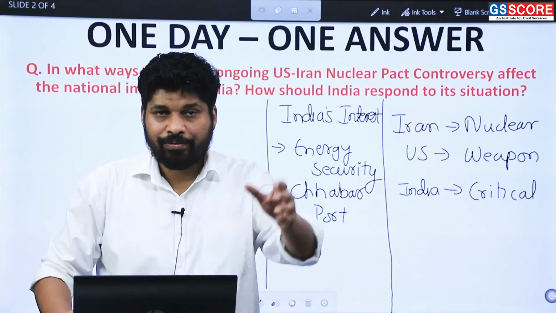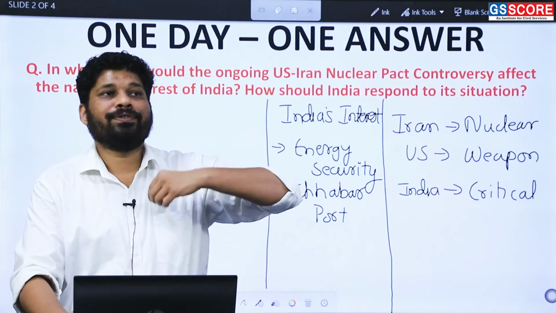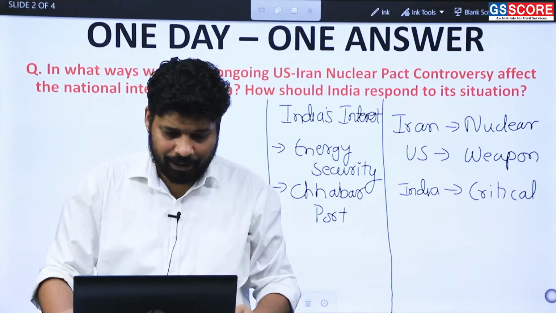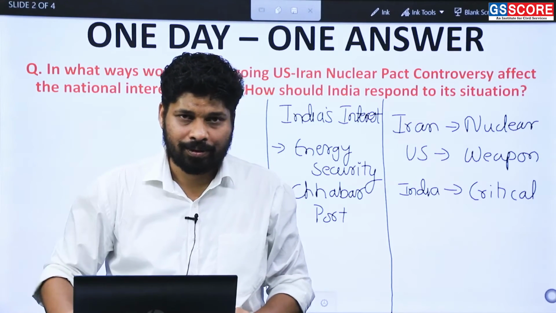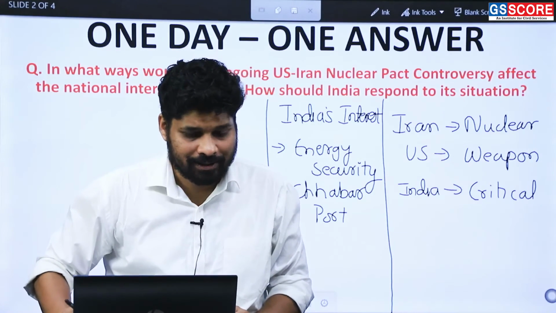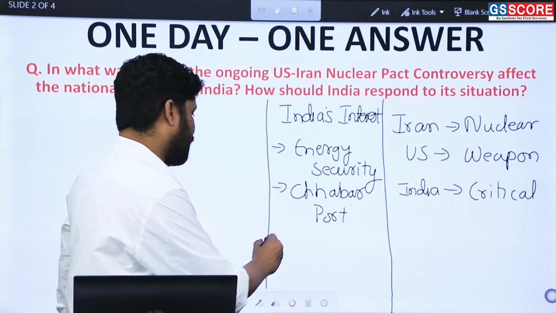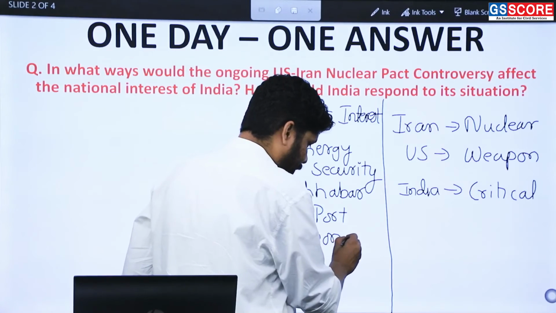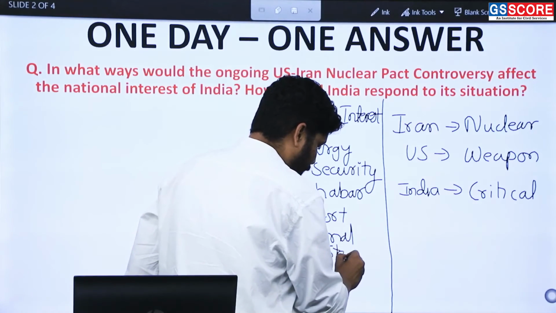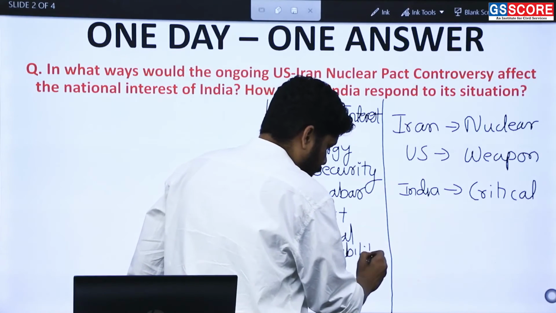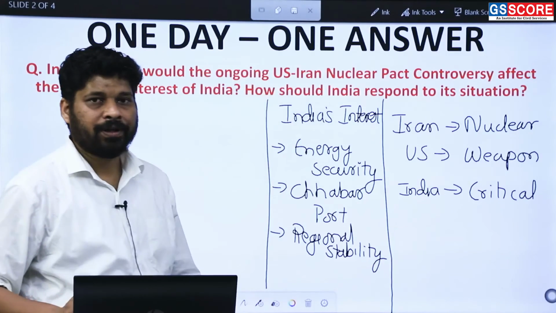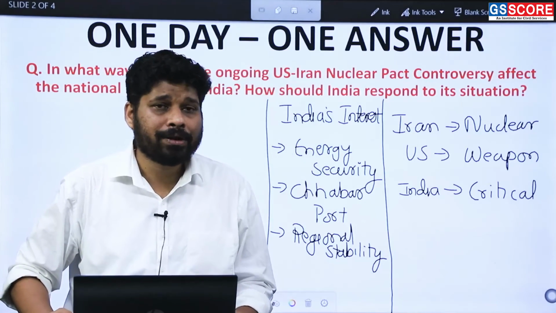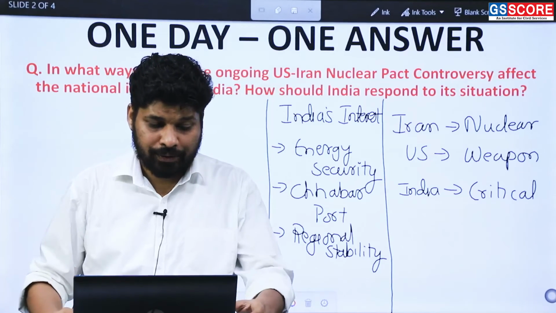Breaking down of the deal between US and Iran will lead to difficulties for India investing in that particular project, and that project being of any assistance to India. It will affect the regional stability. Again, it is not good for India. Regional stability will be affected. It may lead to confrontation between Iran and US or allies of US in the region.